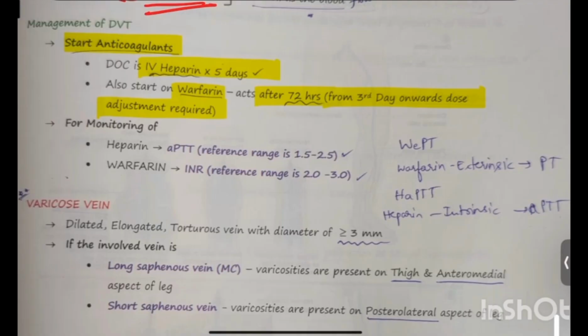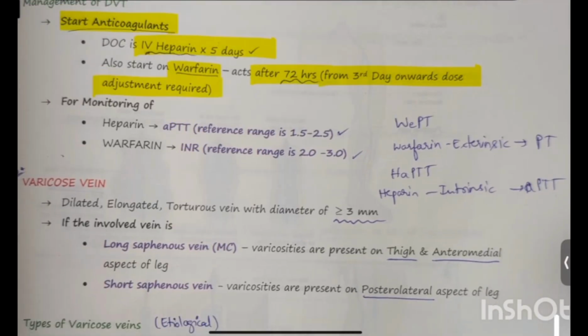So for monitoring of heparin, if we have to know if the heparin we have given is normalizing the patient's coagulation pathway, how can we assess it? For heparin, it is APTT. If we have started heparin and we measure APTT, if it is in the range of 1.5 to 2.5, then okay, there is no excessive clotting happening there.